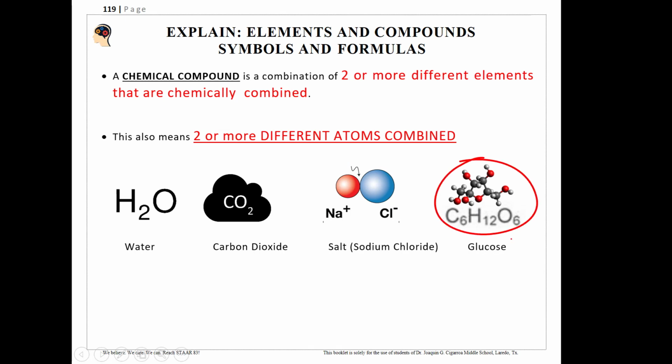I know in seventh grade you've talked about glucose when you talked about what process? That's right, photosynthesis. So in glucose, you've got three elements, three different atoms, and each of these elements have specific numbers to make up the glucose. Now let's continue.